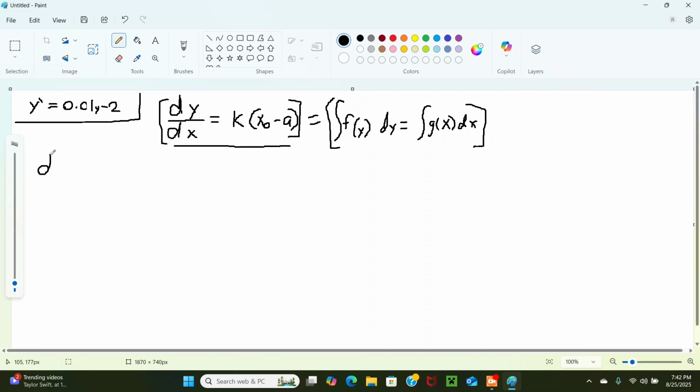So we'll start there. dy over dx equal to 0.01 y minus 2. Now you'll notice this isn't quite in this form yet. We haven't found our constant k. So we need to simplify this part to get it into this form.